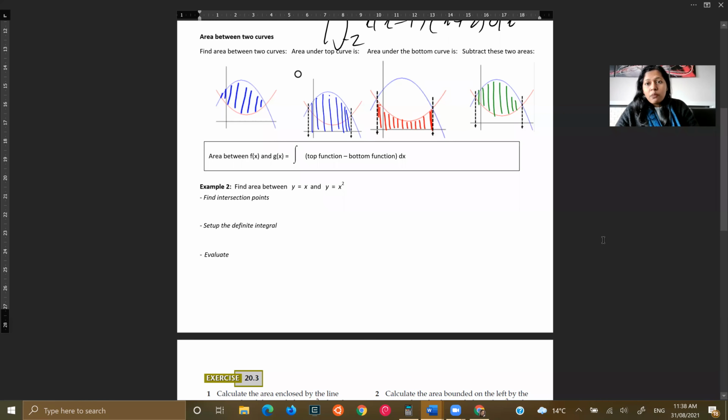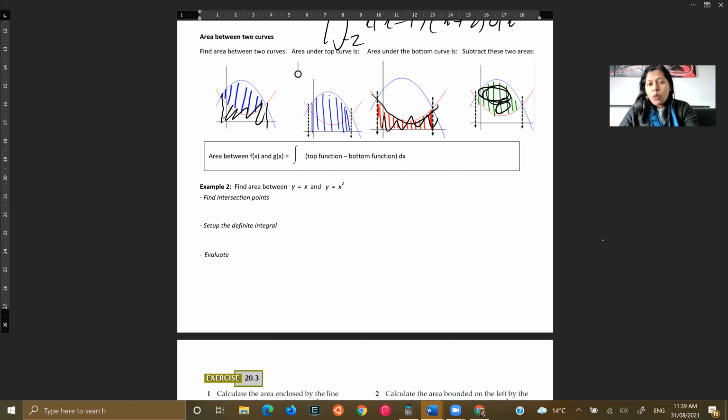So if we're looking for the area between two curves, when I integrate and put in limits, if I integrated the blue function, I will be getting all of that area. But if I just did the red one, this is the area I would get. So if I subtract one from the other, I will get the area in the middle.